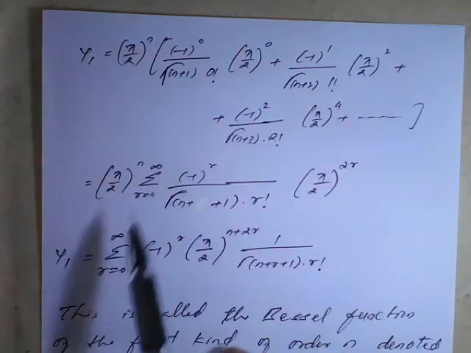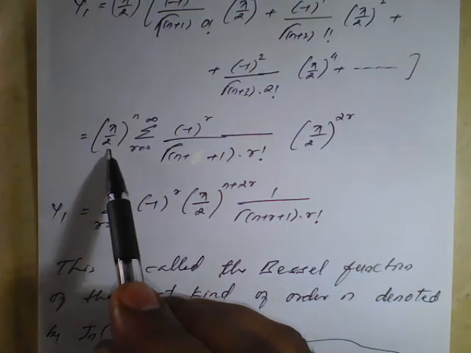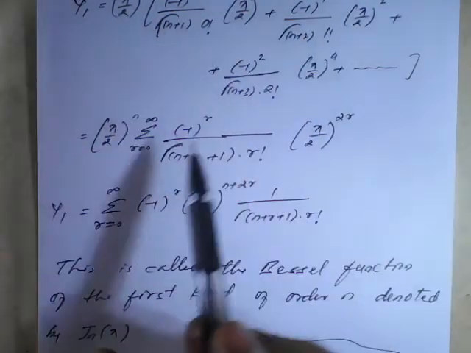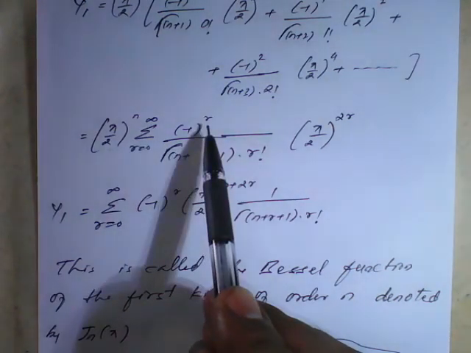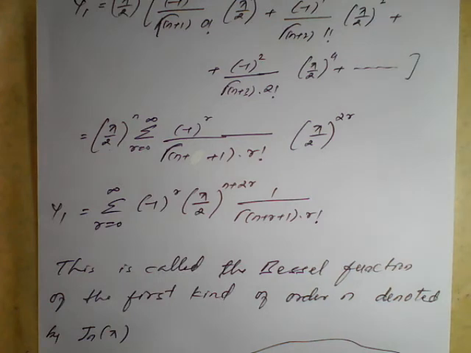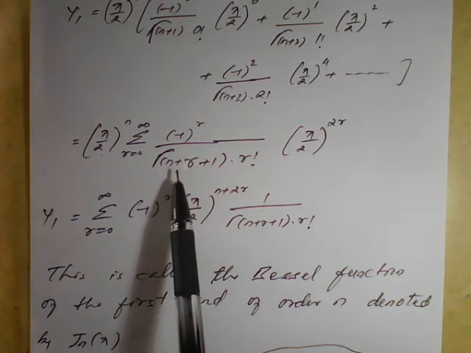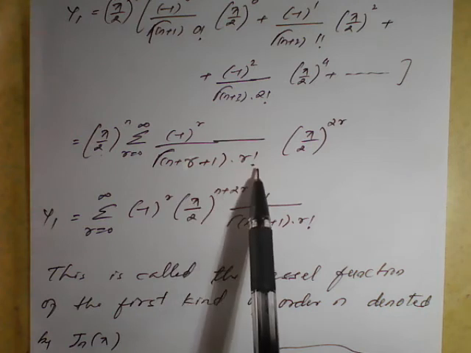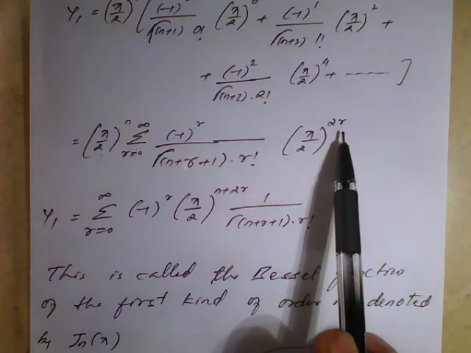So this is nothing but, in general, summation of (x/2)^n as it is, and this bracket is summation r from 0 to infinity, (-1)^r upon gamma of n+r+1, r factorial, (x/2)^(2r).